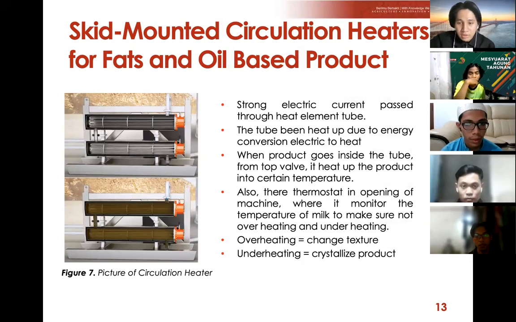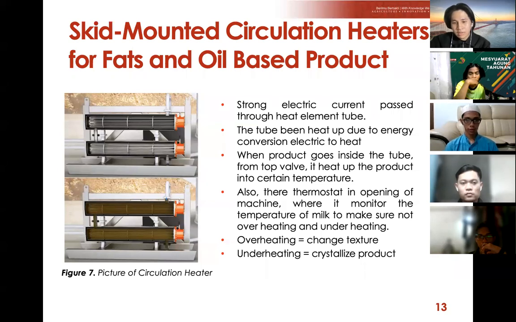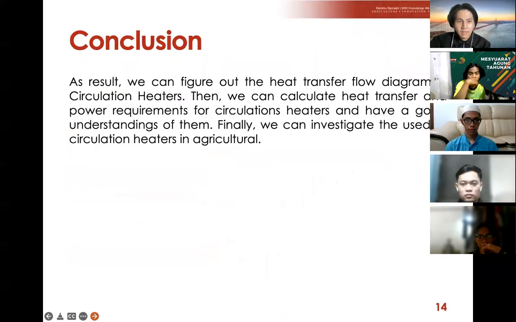Also, there is a thermostat in the opening of the machine which monitors the temperature of the fat and oil to make sure it is not overheating or underheating. If the oil is overheating, it will change the texture, and if the oil is underheating, it will crystallize the product. So that's all for me.